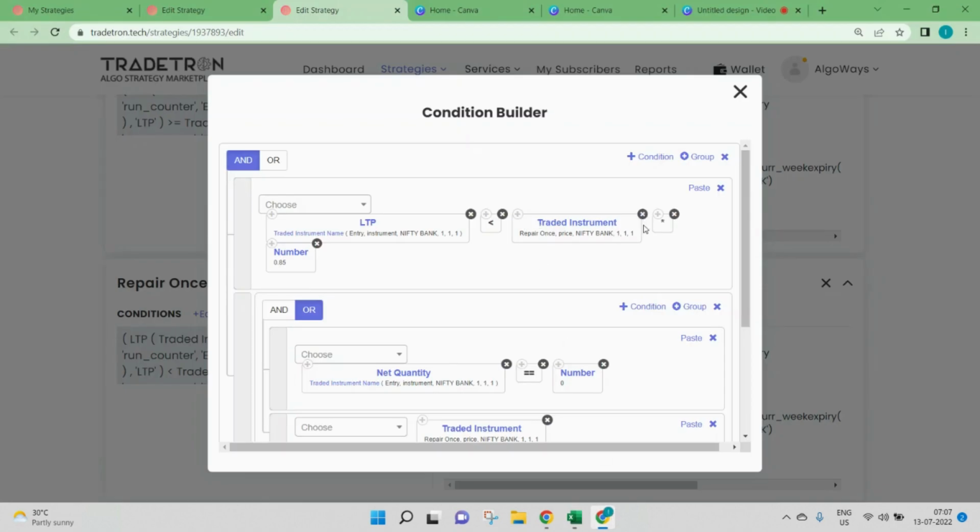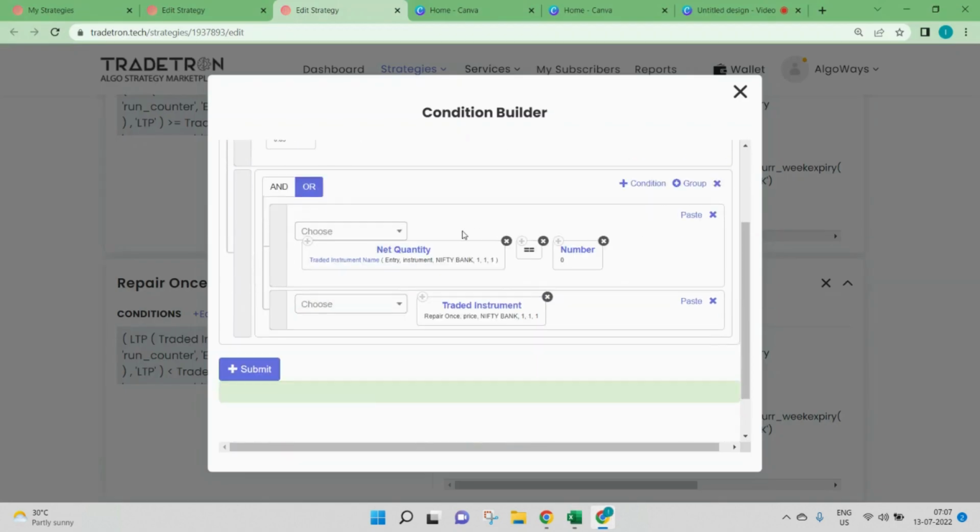right? I have put some additional condition also. That is, we are doing this repair, that is re-entry, only if the repair has happened by repair 1 condition, that is your stop loss was hit, because otherwise it may sometimes give you a false trade. These are two conditions in OR which signify the same.